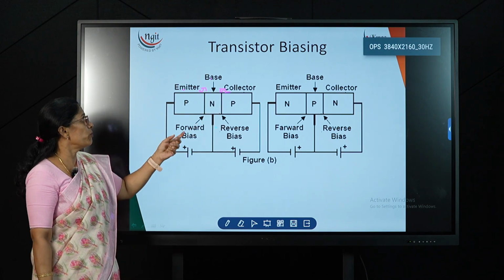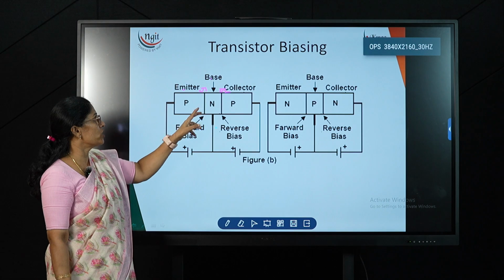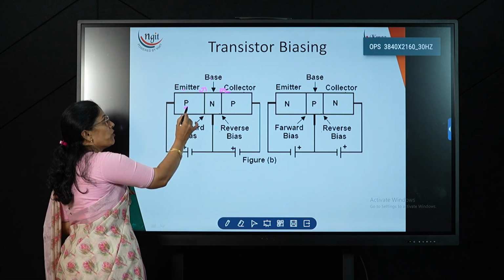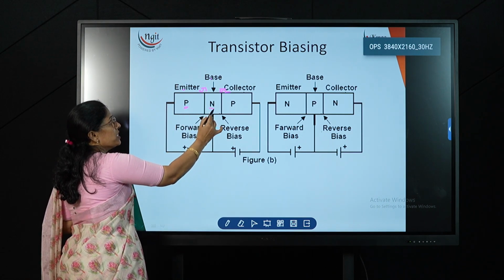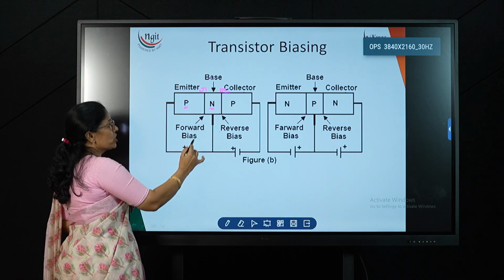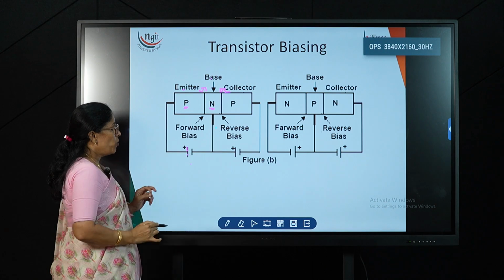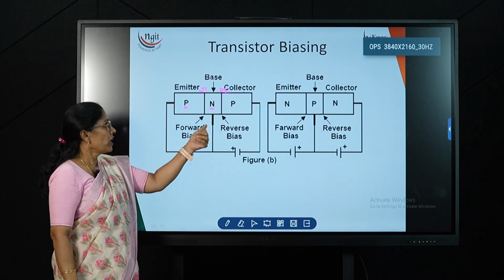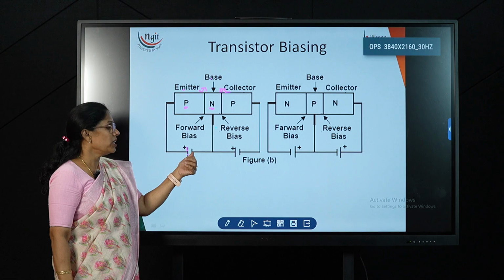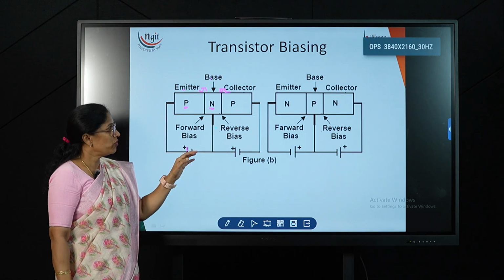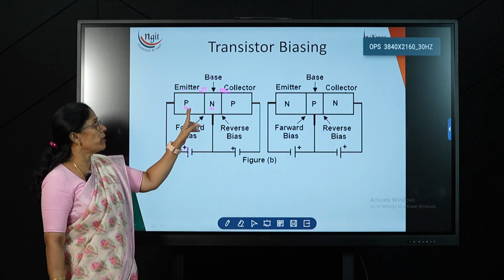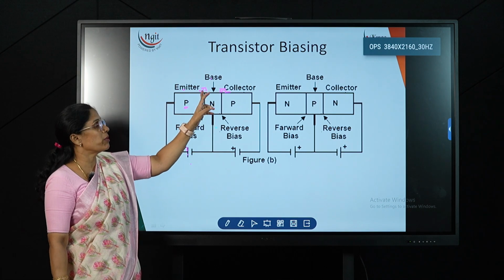Now what is forward bias? In this case, the emitter is made up of P material and the base is N material. To make this junction forward biased, the P material should be connected to the positive plate of the battery and the N base should be connected to the negative plate of the battery. With this we are applying forward bias to junction 1, or the emitter base junction.